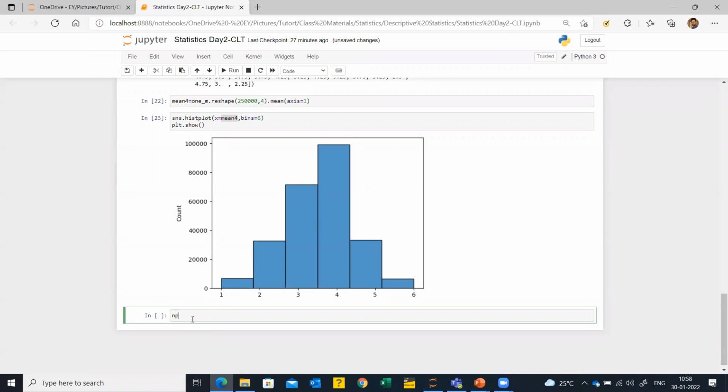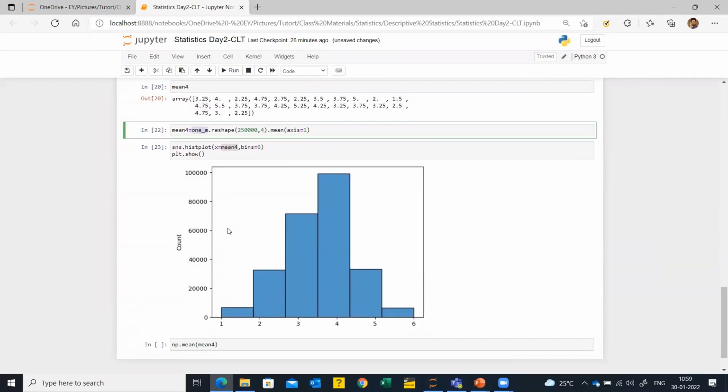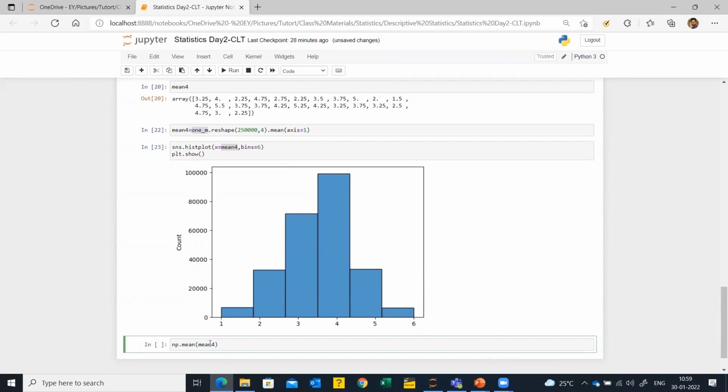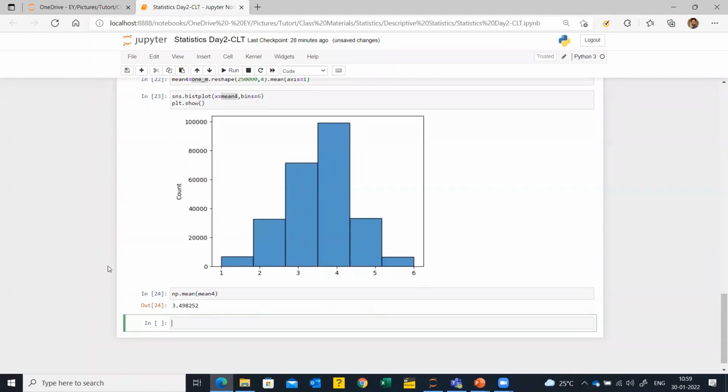Now, if I do np.mean and pass mean of 4, it means I am passing the sample mean from the 1 million records. So I am passing 250,000 means and trying to calculate the mean.